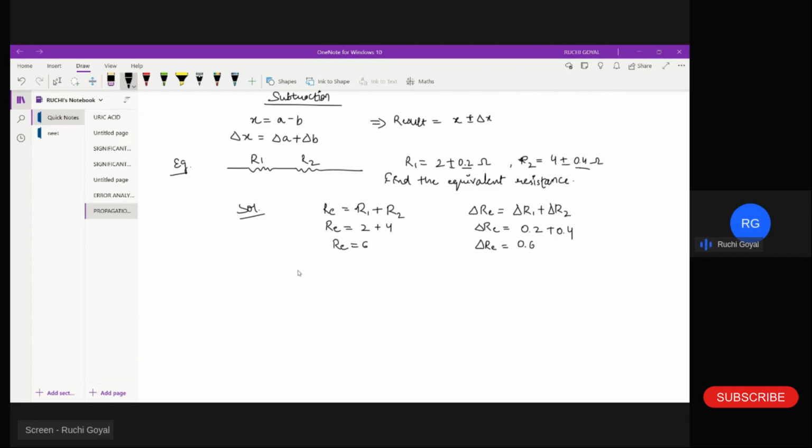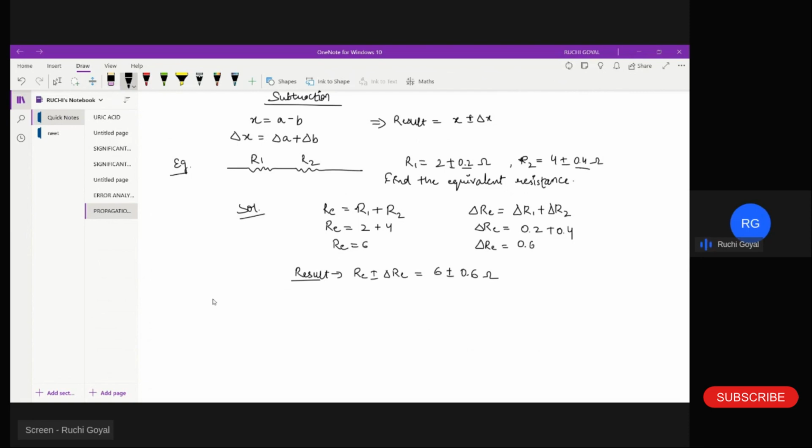So how will you write the result, meaning the answer of this question? It will be RE plus minus delta RE. It will be 6 plus minus 0.6 ohms. This is the value of equivalent resistance. Right? This is the case of addition or subtraction. This is how we solve this question.